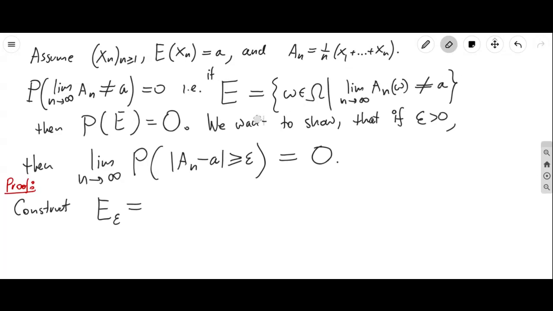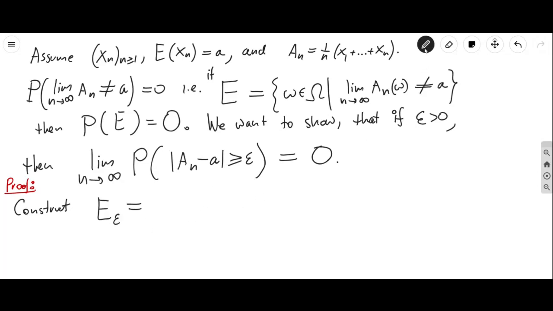So here's the thing. E consists of all sample points such that this sequence does not converge to A. So if it does not converge to A, then that means there is some epsilon that violates the convergence requirement. That epsilon will therefore represent all those sample points that violate this convergence requirement at the level epsilon.